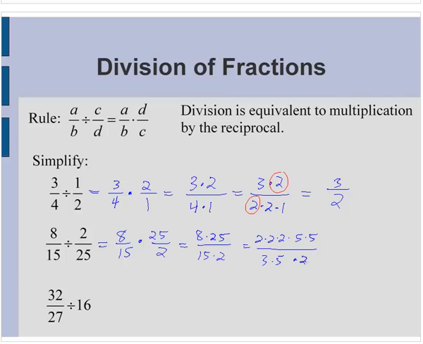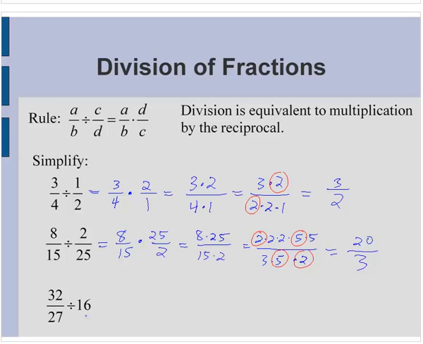And then we still have a 2. Removing common factors, and let's multiply that back out. 2 times 2 is 4. 4 times the remaining 5 is 20. And we have 3 remaining in the denominator. So we have 20 over 3.